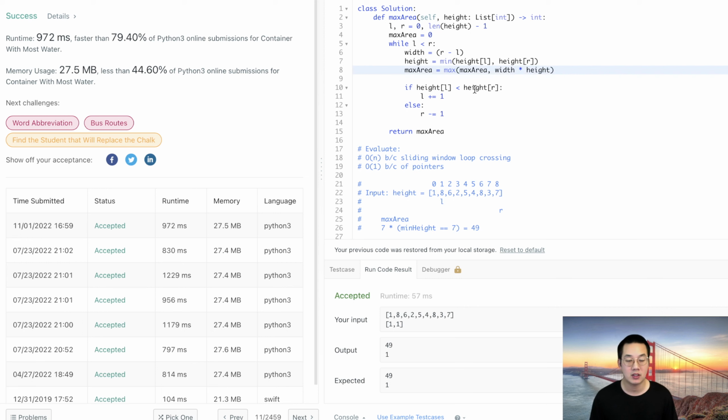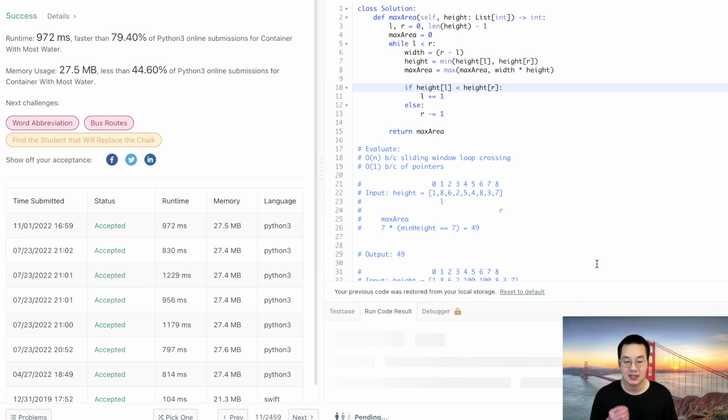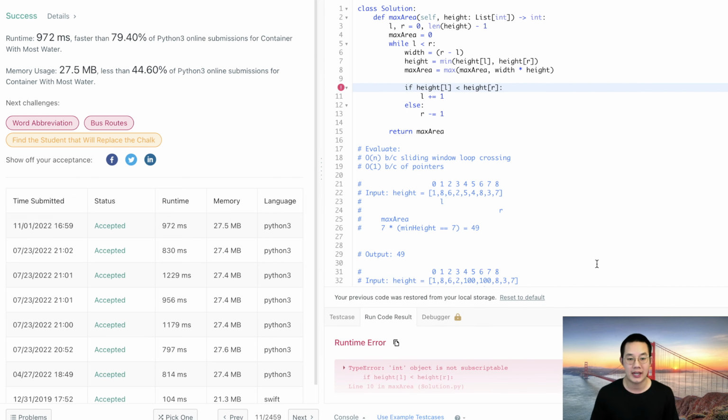So that separates out the logic, makes it easier to think about. And I think this makes it as readable as possible because we're looking at height is less than right. And that makes it easier to read because we're knowing, oh, which height is lower, then we're going to go choose that one.